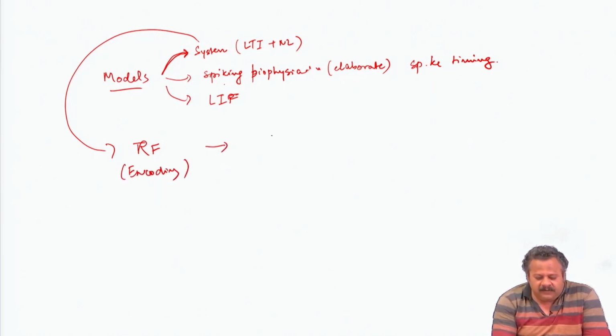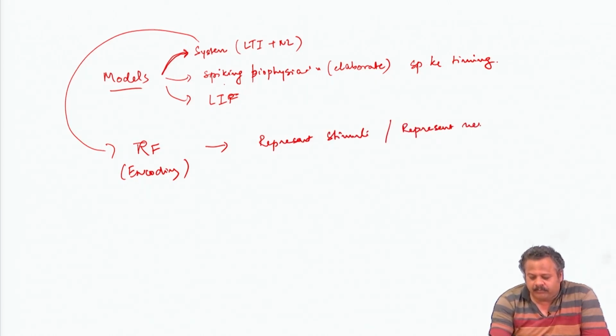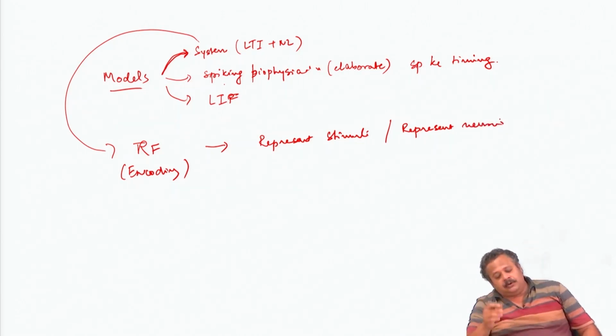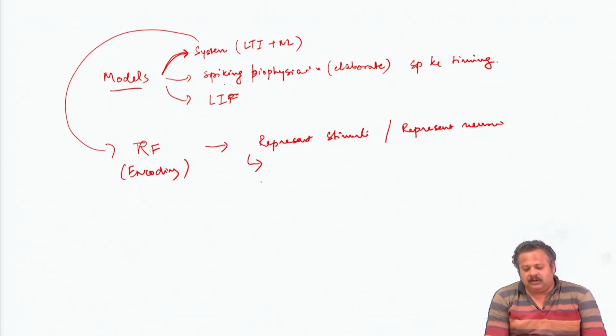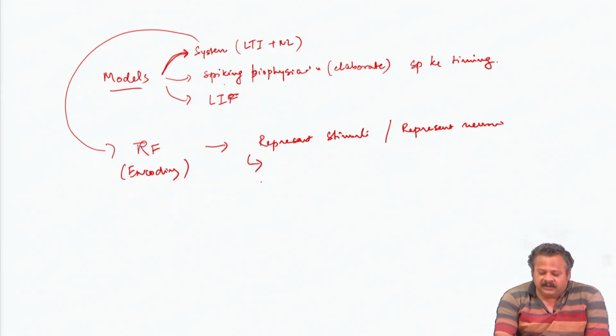Here we have looked at how we can use a linear time invariant model to represent stimuli and represent the receptive field of the neuron and also represent the neuron indirectly. From the linear model, we know that we cannot go on further beyond the second order, maybe because of the huge amount of data that is required.